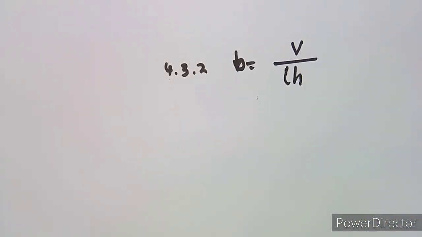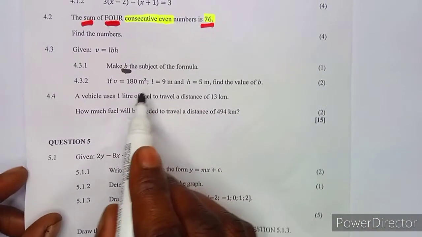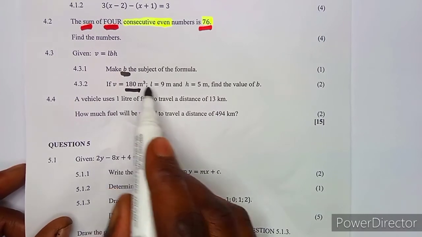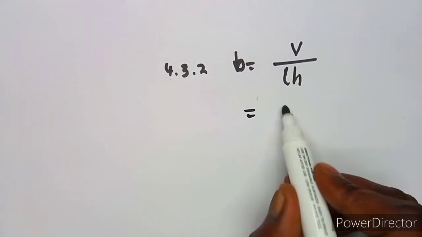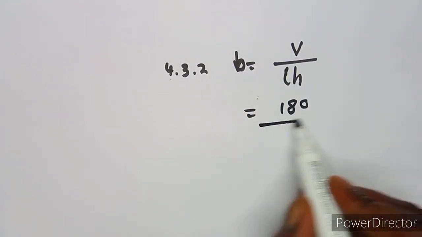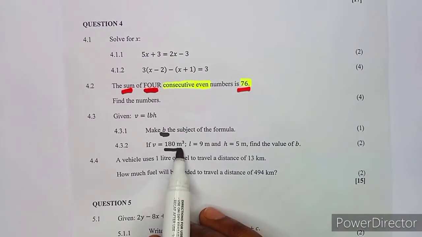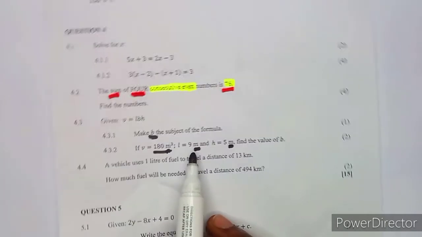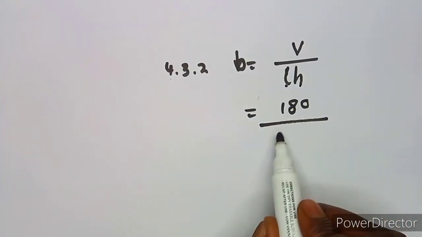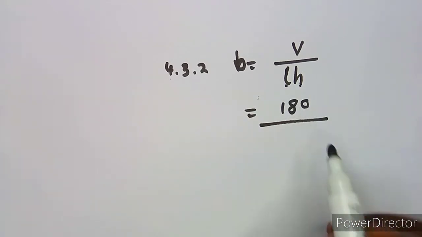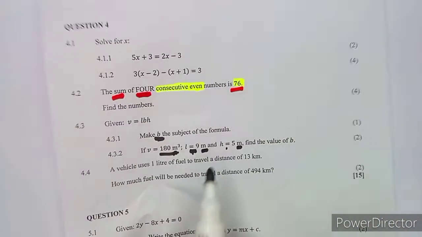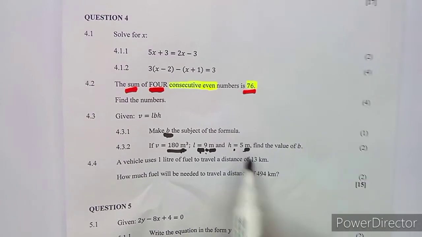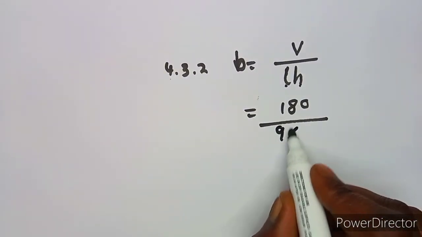So what you're going to do is to just substitute V, which is 180. Also take note about the units there. Already this is cubic meters, this is meters, this is meters, so they are fine. So LH means L times H, so it's 9 times 5. Take note, it's 9 and 5, so you're going to multiply 9 times 5.